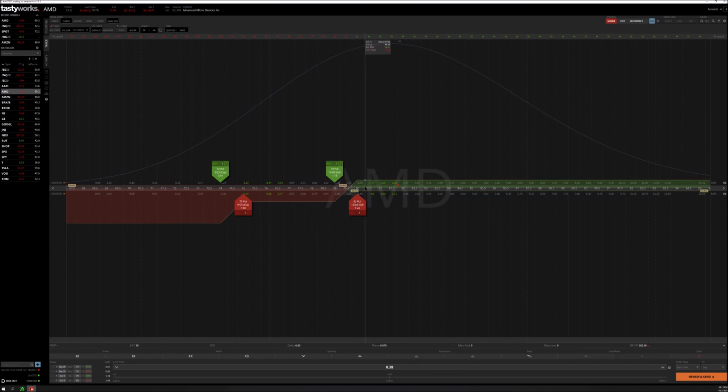So basically, as long as AMD stays above here, it gives you your money. If you see that little icon on top, that's how much money you collect on that strike price. That's how much money you make based on that.